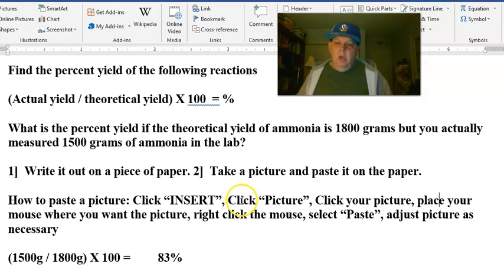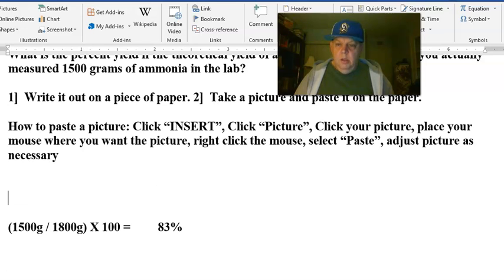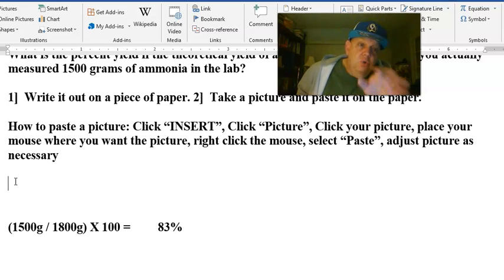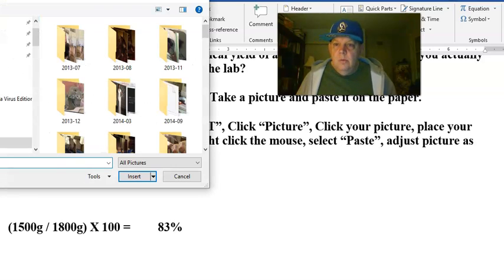So let me go ahead and show you what that would look like. I'm going to pick a picture. Doesn't matter which picture, because if you master this, you can do so much. So I'm going to insert, and find pictures. Now you have to look through your directory.